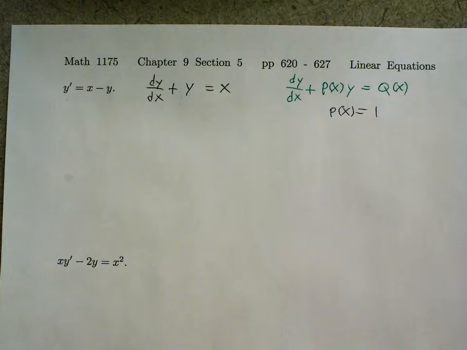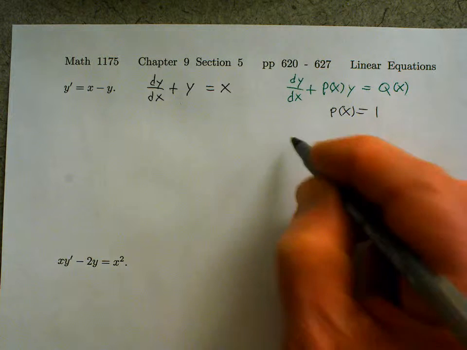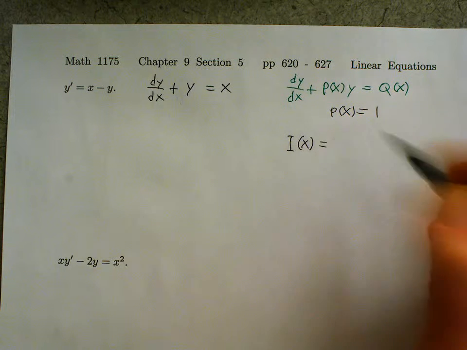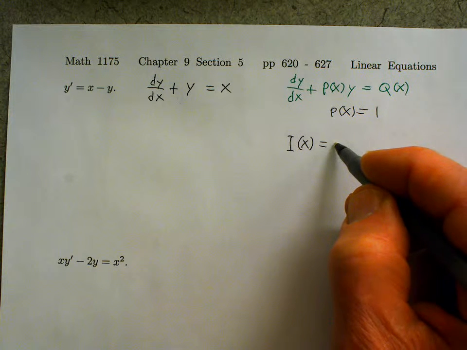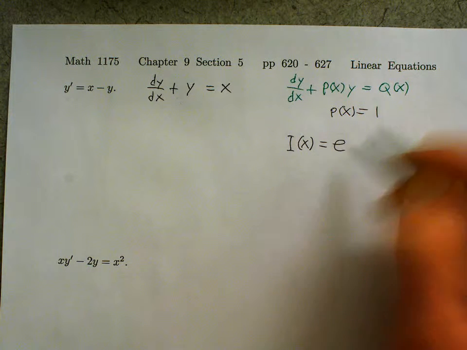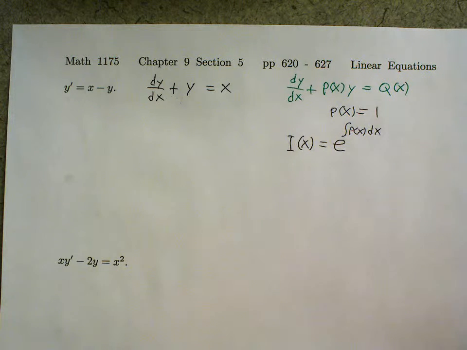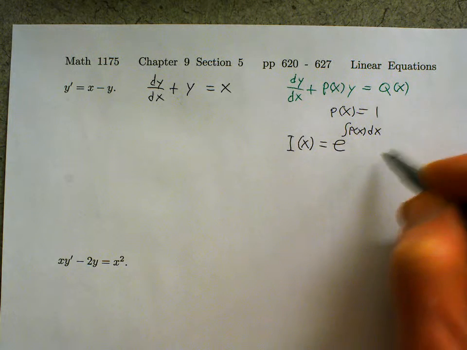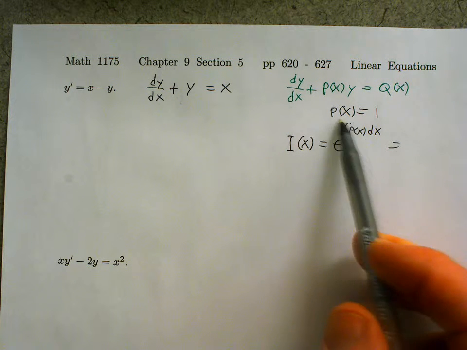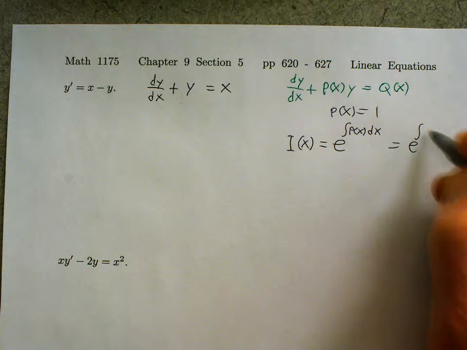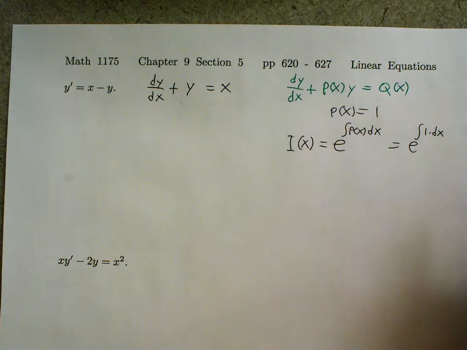And so our integrating factor, in general, is e to the integral of p of x dx. But in this case, since p of x is just the constant 1, we get e to the integral of 1 times dx, which is just e to the x.